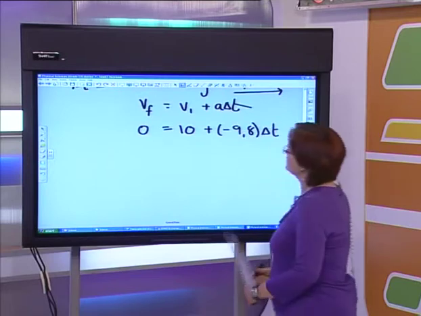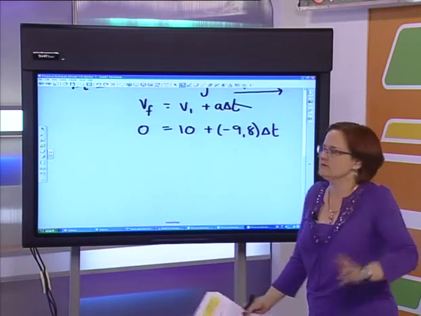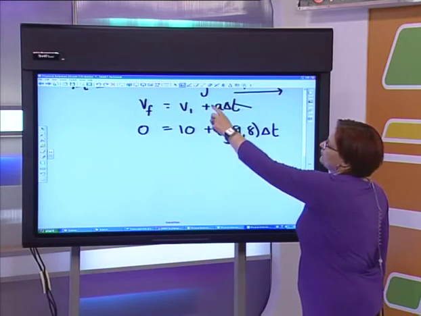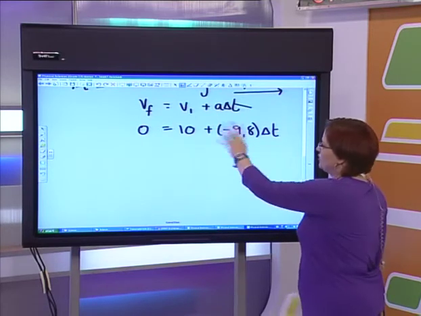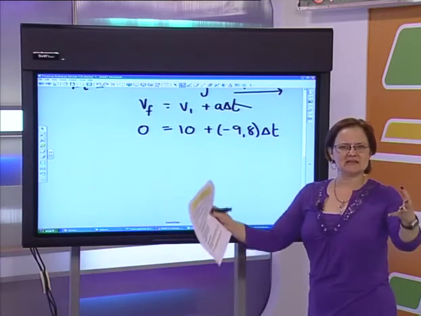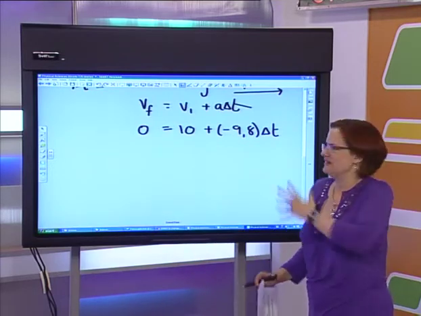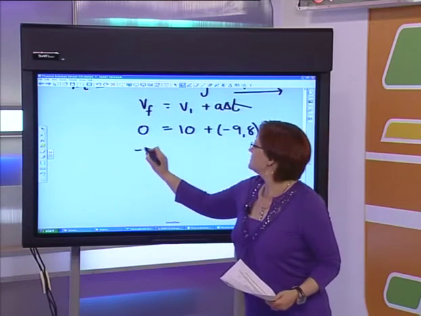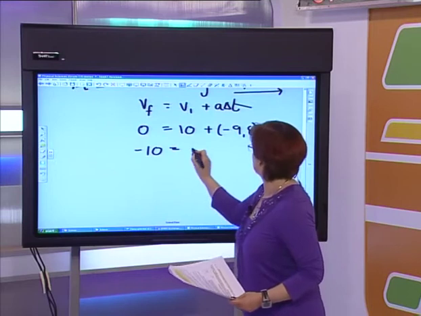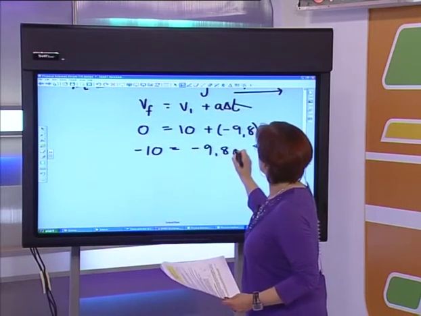Please put it in brackets. This is just a layout thing, because often if you try and substitute this in and you forget the plus side and you don't put this in brackets, the plus and the minus gets mixed and you forget what to do with it, and then it just becomes a silly error that you can avoid. We get minus 10 on that side, minus 9,8.